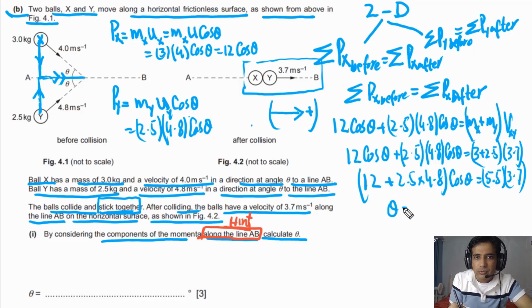So theta will be equal to cosine inverse of 5.5 times 3.7, and this one will be divided by 12 plus 2.5 times 4.8. If we simplify this one, the value of theta in this case will be equal to 32 degrees.